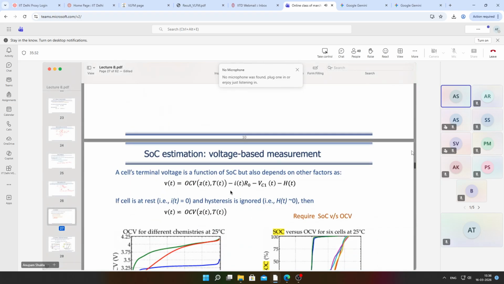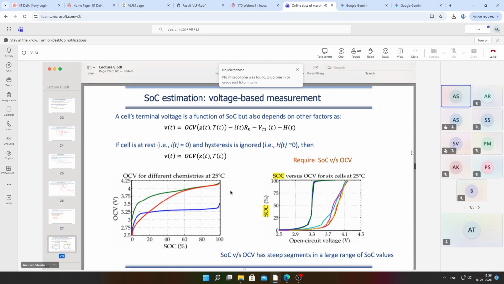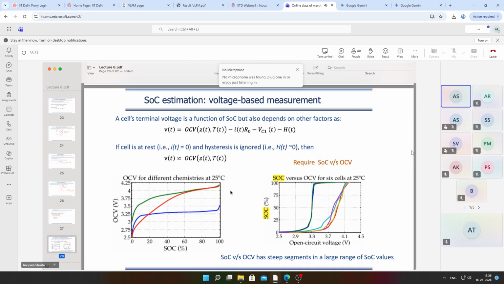So the first class of method is the voltage-based method of SOC estimation. If you go back to our discussion on the equivalent circuit model for cells, the idea was to get the cell voltage and also get how it is related to current.